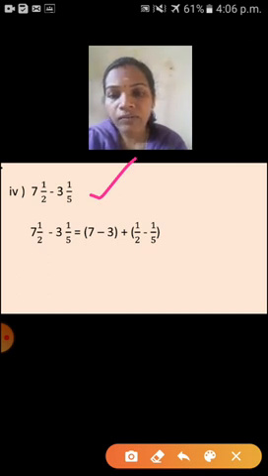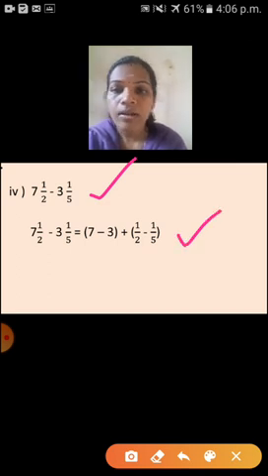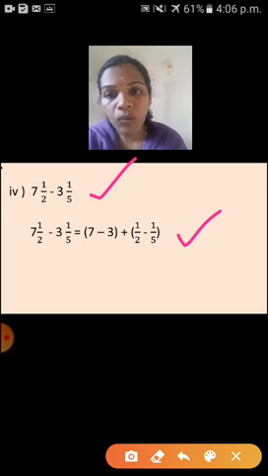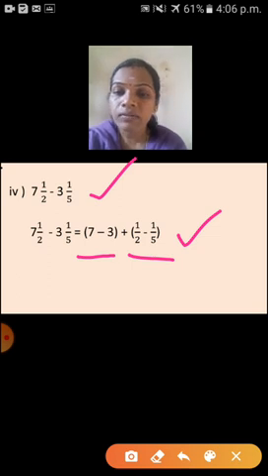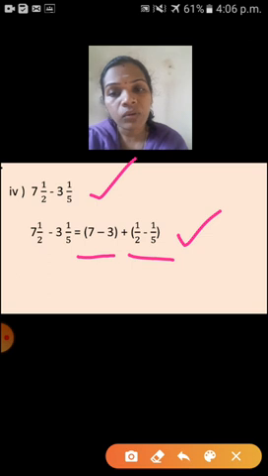Here the first step I have given. That means the first method I am following, that whole number you write separate and fraction you write separate. Okay. I have started with the first method, but if you want you can do the second method.